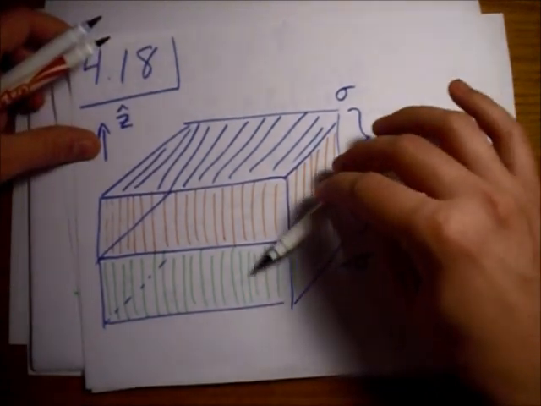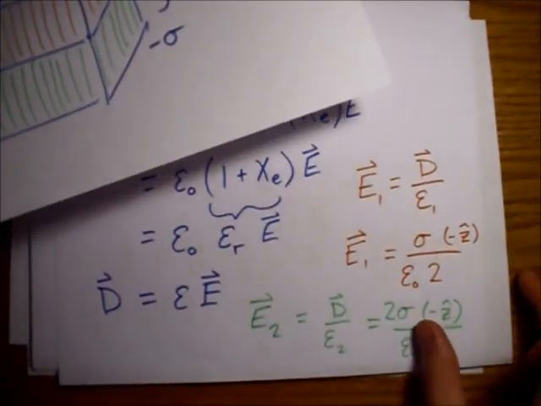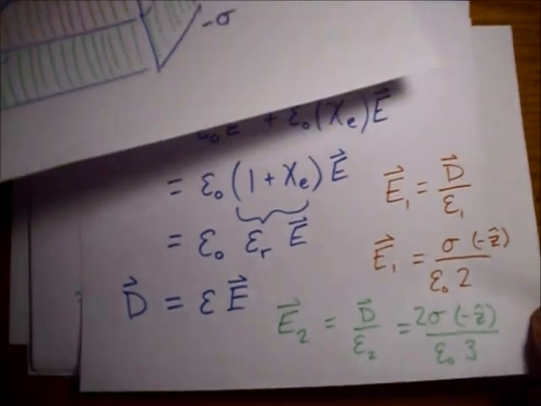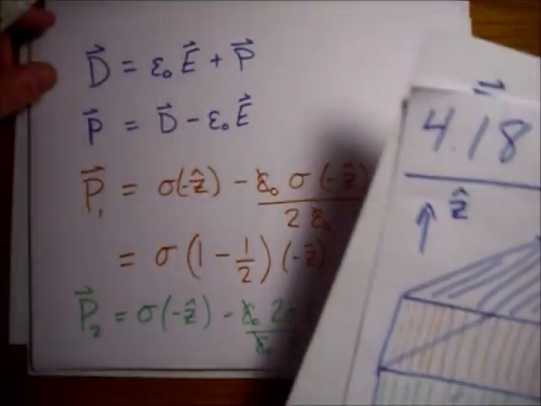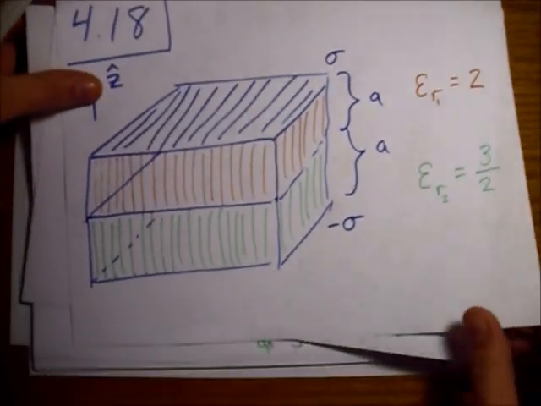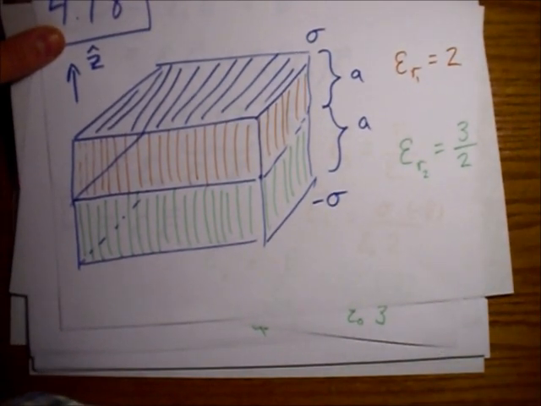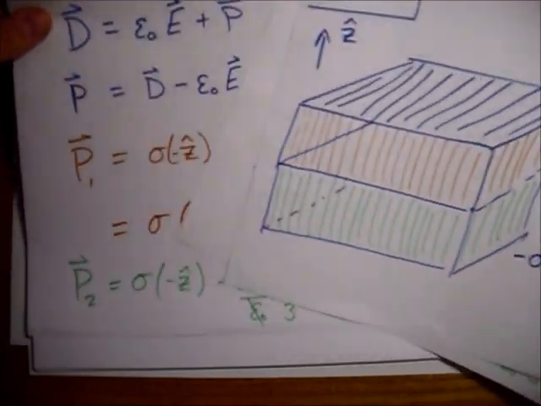So anyway, again, we have polarization pointing in the minus z hat direction. So we have found the electric displacement, we found the electric fields, and now we've found the polarization in these two different slabs. So we are now going to find the potential difference between the plates.